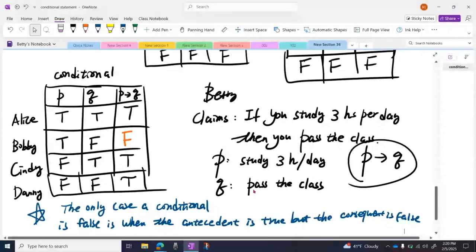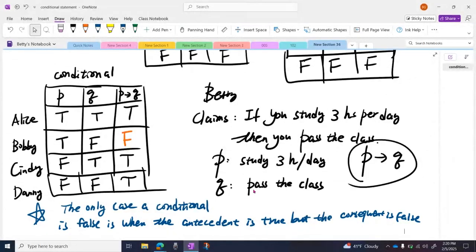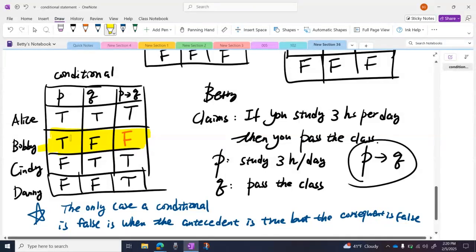Whenever it comes to the truth value of a conditional, you need to right away remember that sentence. There's only one case in which a conditional statement is false, that is when the antecedent is true, but the consequence is false.